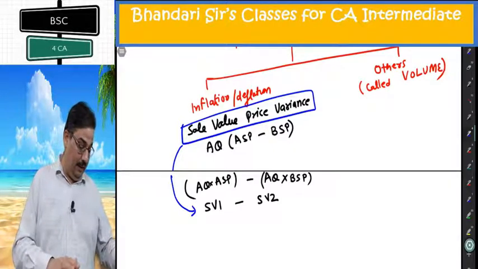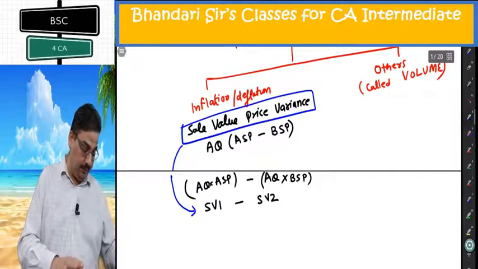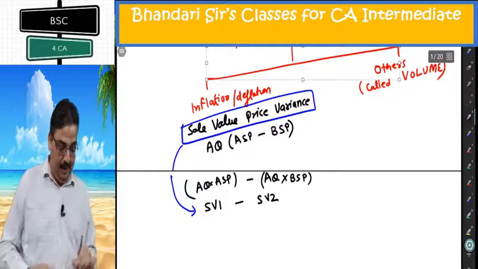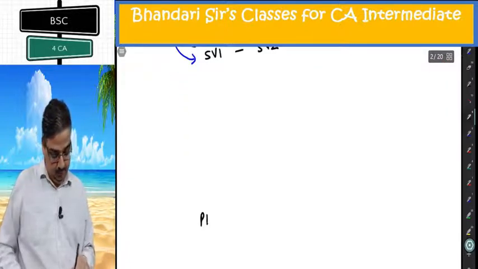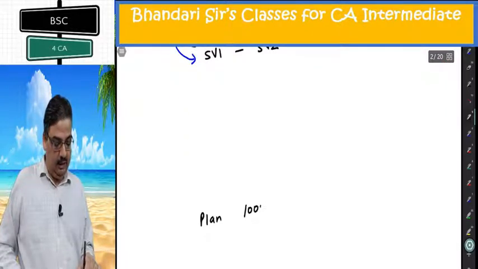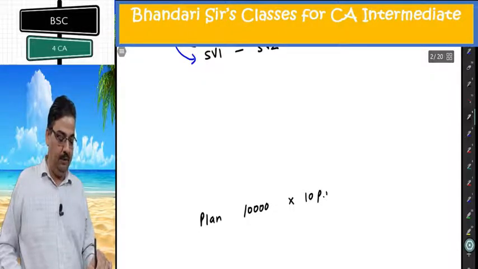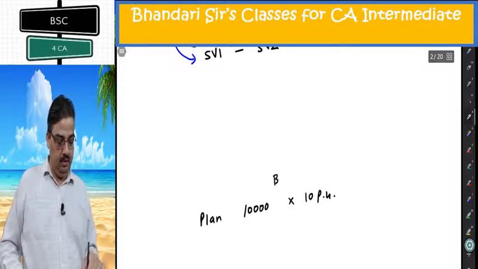Now simply take an example. I planned 10,000 units to be sold at 10 per unit. This was budget.